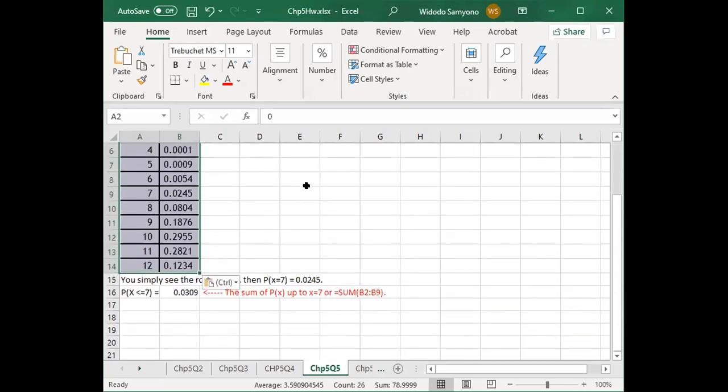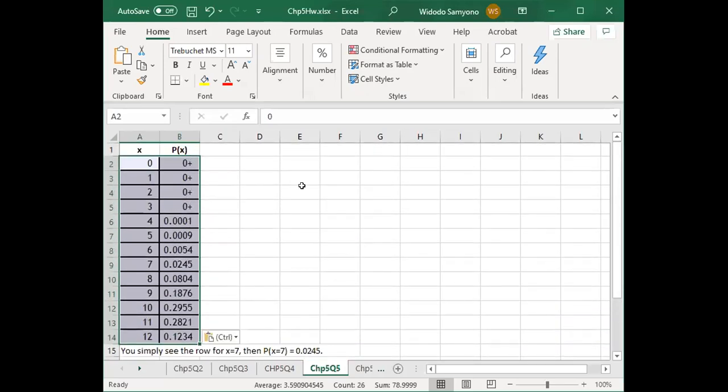So the question here is, what is the probability for x equal to 6 and the probability for x less than 6? For x equal to 6, it will be this one here, equal to 0.0054. And in looking for less than 6, you need to add from 0 to 6.